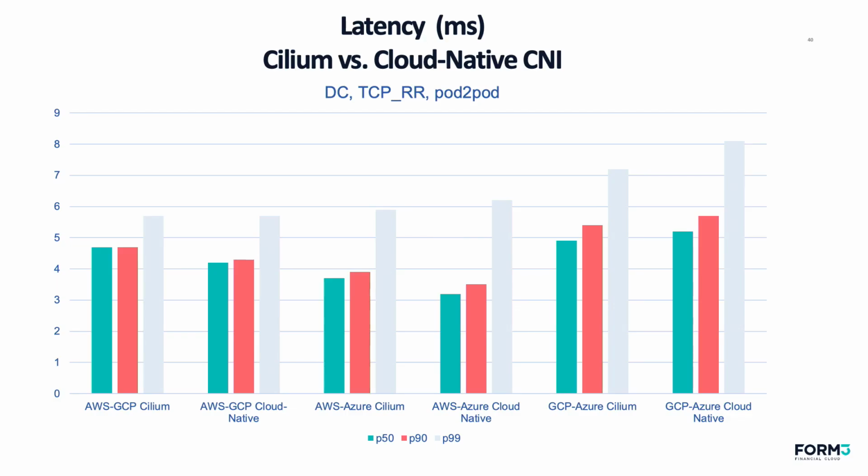So when comparing performance results, you don't see any significant difference for Cilium versus cloud native CNI plugins. So my advice is, if you don't need any Cilium features, you don't need to use it. On the other hand, global services plus network policies might be very useful and helpful to configure in your clusters.